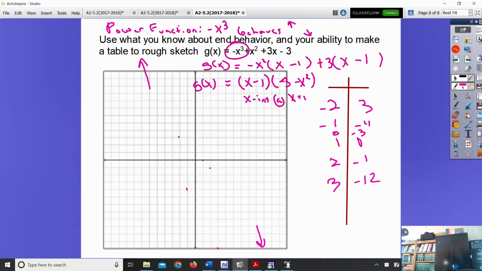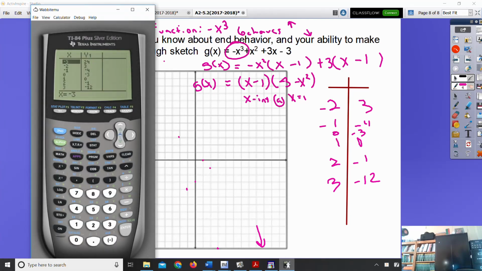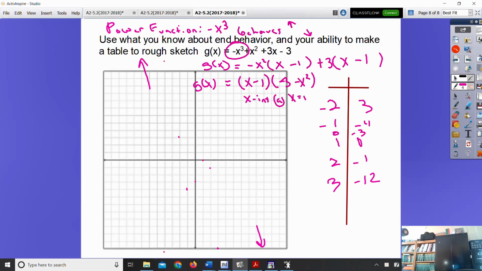Now look at some of the points I plotted. The -3 point was way off the grid, wasn't it? You look at your table, it was -3, what, 24? That's already off the grid, isn't it? Is that expected? Wasn't this thing supposed to start high? +3 was -12, all the way at the bottom. Was that expected?